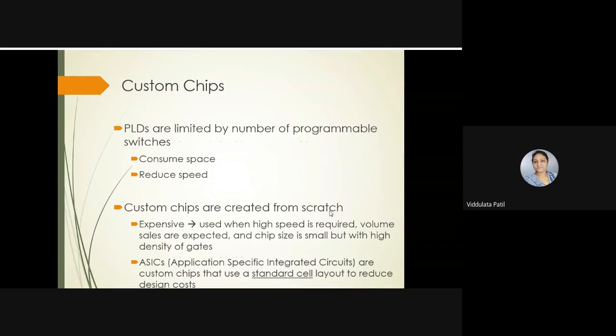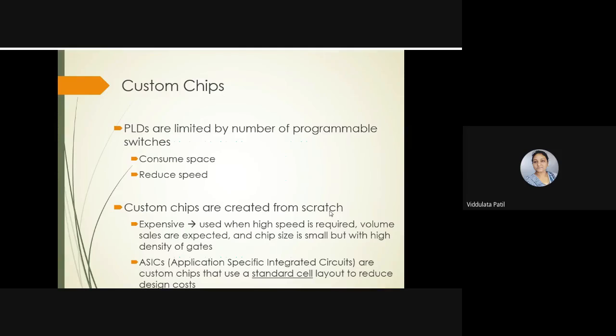ASICs are the custom chips, and they can use standard cells, or they can be totally customized circuitry, which we call full custom ASICs. Standard cell based ASICs reduce the design cost, whatever cost is required for the implementation.